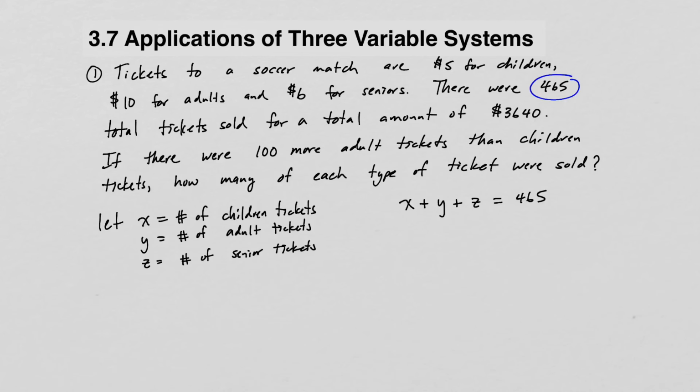To figure out the total amount, we have to multiply each of the different ticket numbers by the corresponding value.